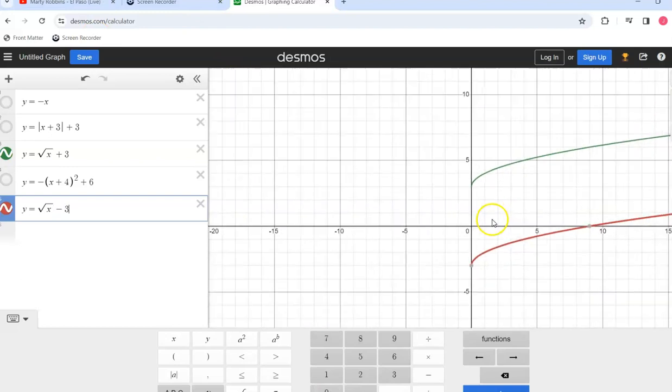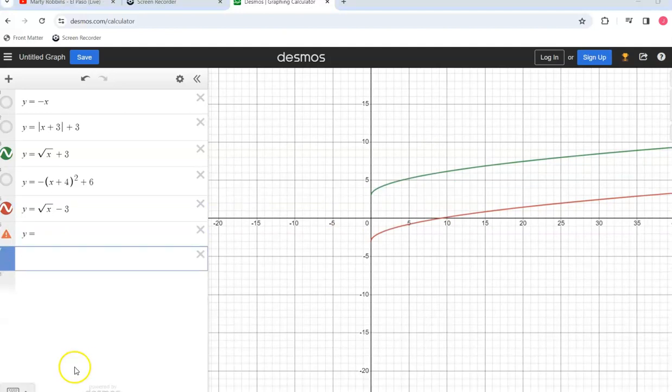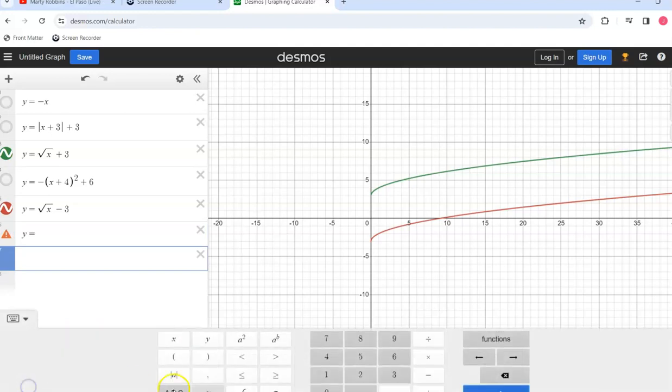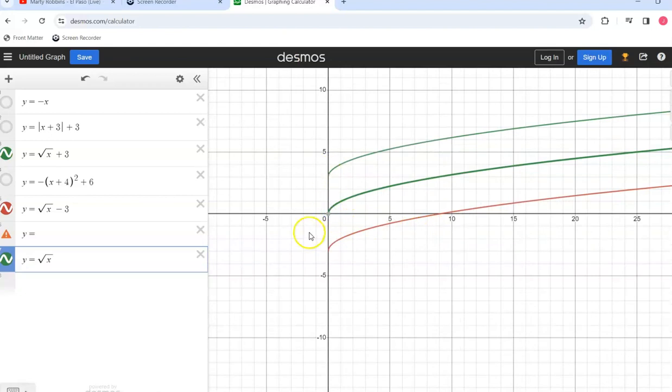So now I'm going to put in just a y equals, because what I'm recording in is in the same place that this is, and I'm not being able to see it. So y equals, there we go. So now we can see here really clearly how these line up, okay?